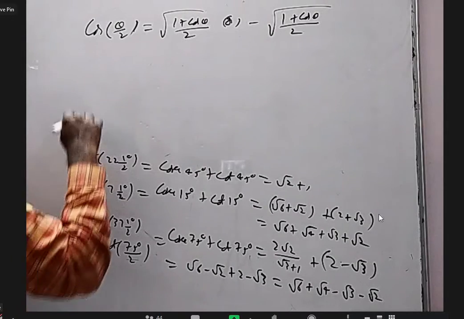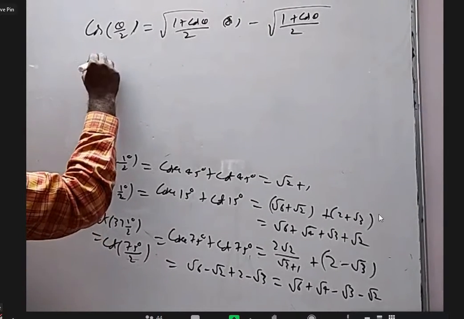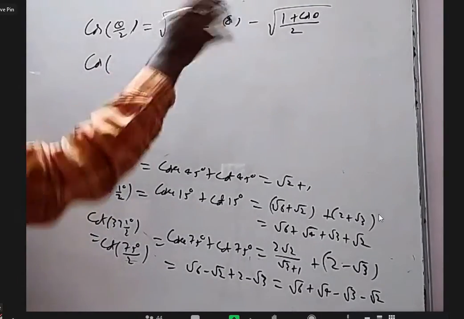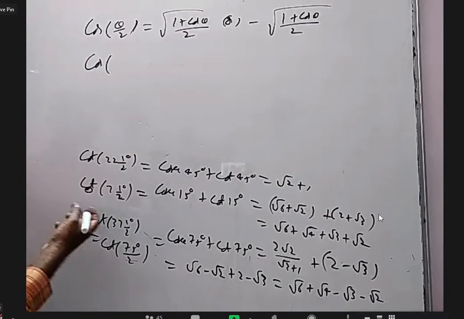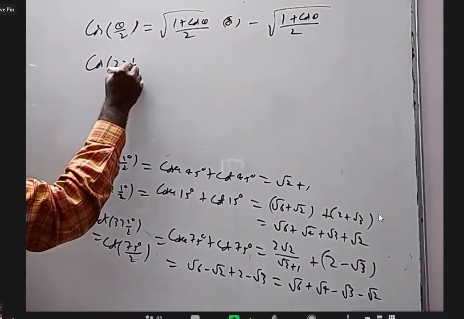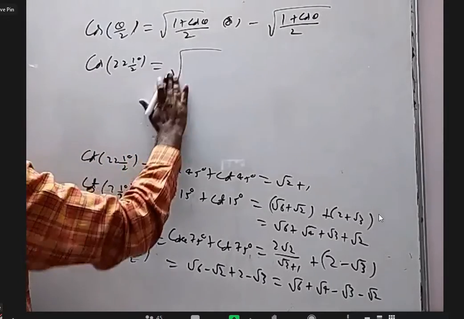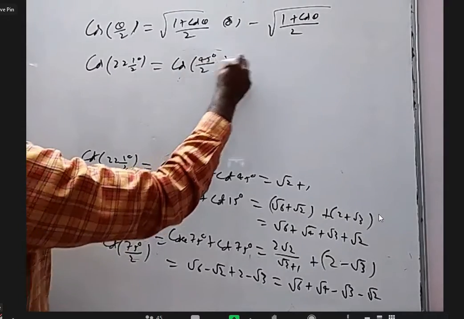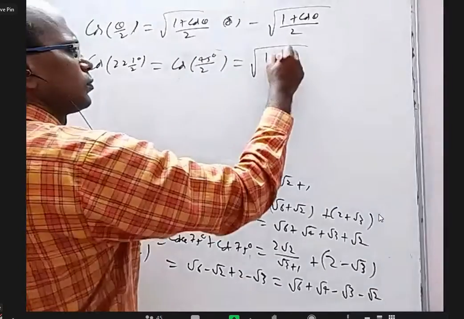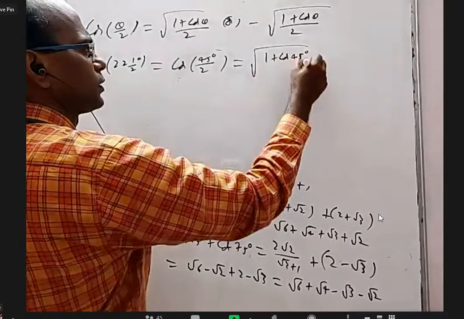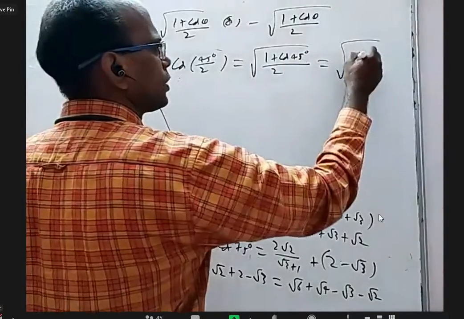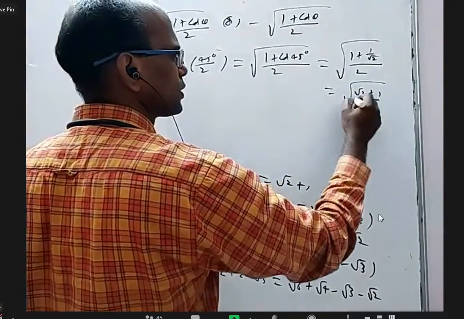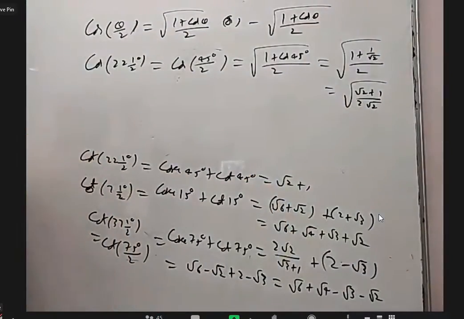Okay, now I don't want to find cos 7.5. You can find it by using this, but it doesn't look important to the question. I'll just write 22.5. That will be cos 45 degrees by 2, which is square root of (1 plus cos 45 degrees) by 2, which is root of (1 plus 1 by root 2) by 2, which is root over (root 2 plus 1) by 2 root 2.